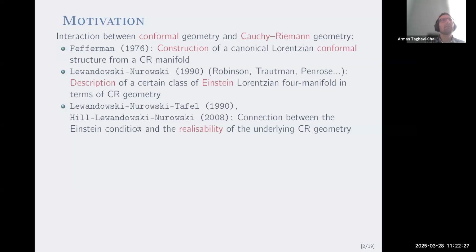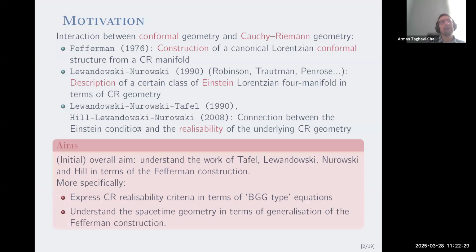The aim of my talk is to understand the work of Tafel, Lewandowski, Nurowski, and Hill in terms of the Fefferman construction. Fefferman's contribution is a construction, whereas the contribution of the Warsaw School is more of a description, and I wanted to fill in the gaps in that respect.